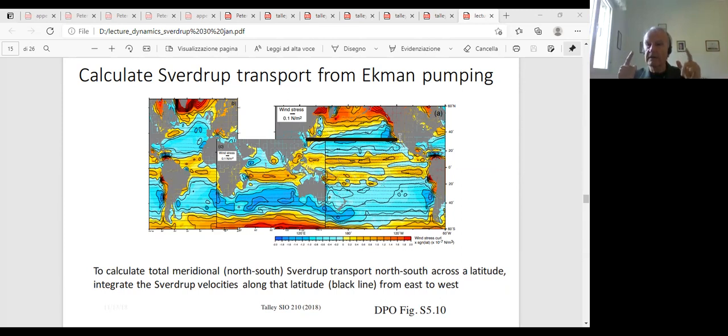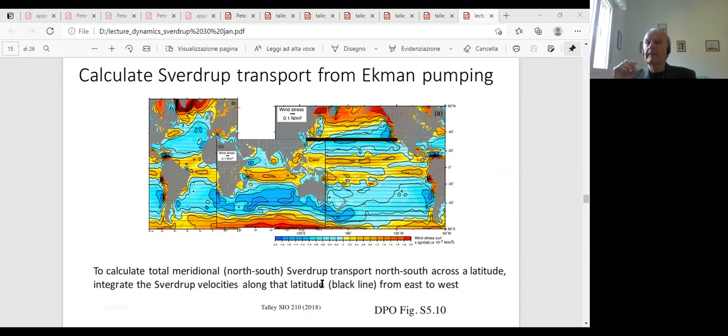You always have to remember that if you go to a certain place in this area and do your measurements and compare this with the Ekman and Sverdrup transport solution, your measurements will not be identical to what is obtained from the solution.